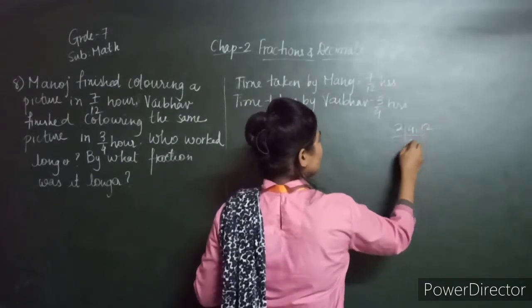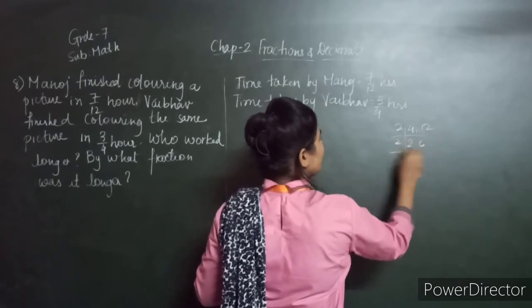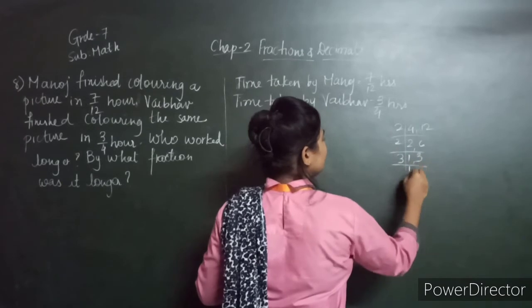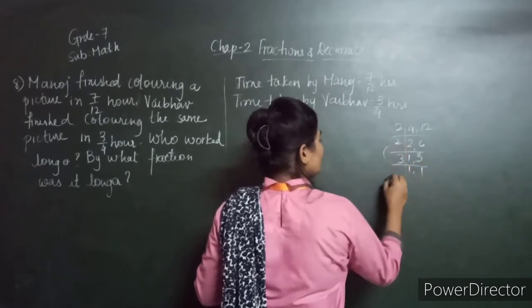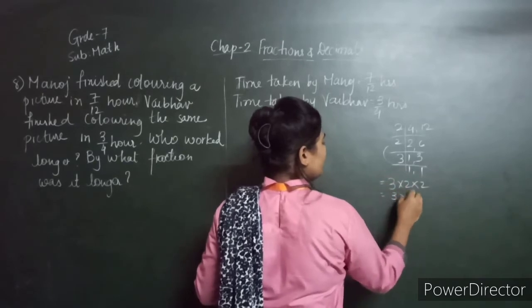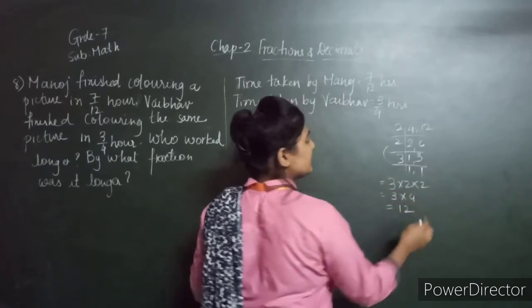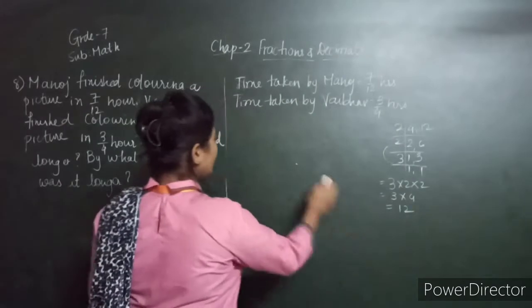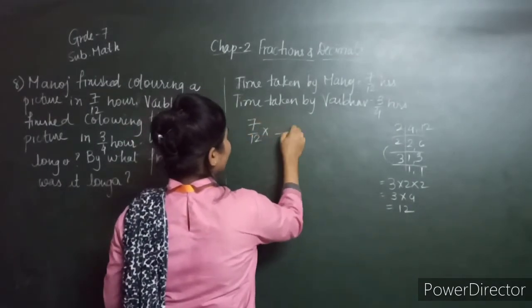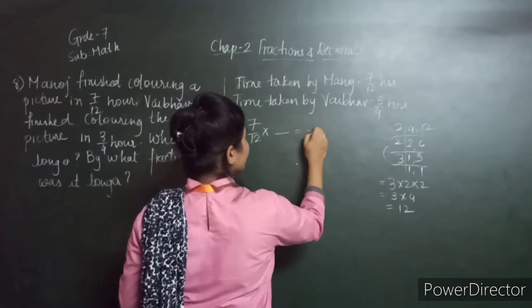So 2 2s are 4, 2 6s are 12, 2 1s are 2 and 2 3s are 6. Here we have to write 3. So 3 into 2 into 2, that is 12, is the LCM. So now we have to make the denominators equal.